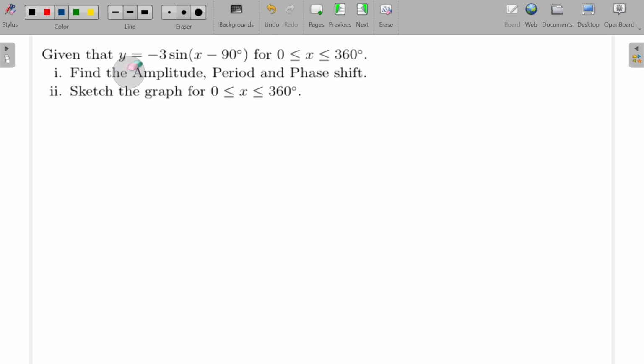So starting with the first one, I'll say I. Amplitude. How do I calculate my amplitude? For my amplitude, I am going to say that it is the absolute value of A. Now what is my A?